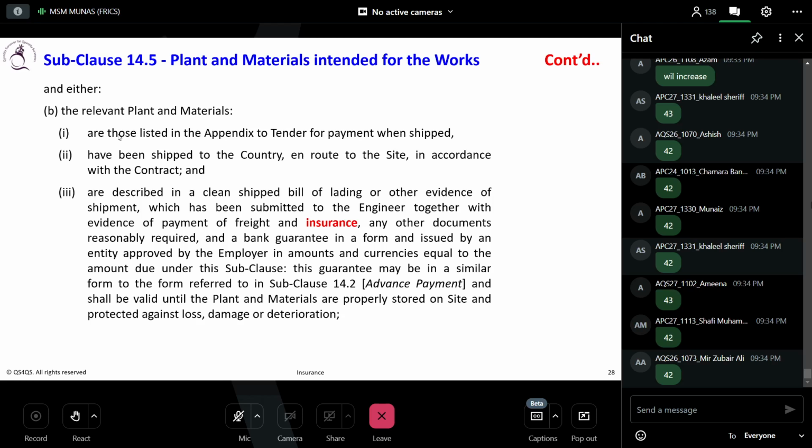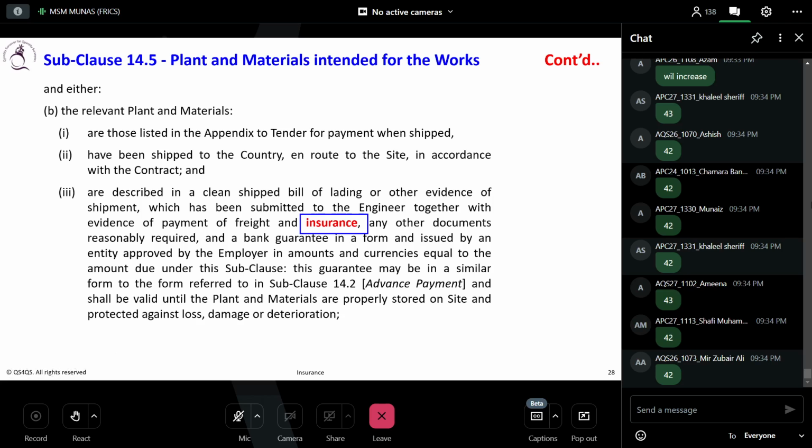So here it says, 14.5 B, if you have any offsite material, what is material offsite? Not in the site, it is outside. Then you should have the insurance. Just mark this one, it is for offsite.